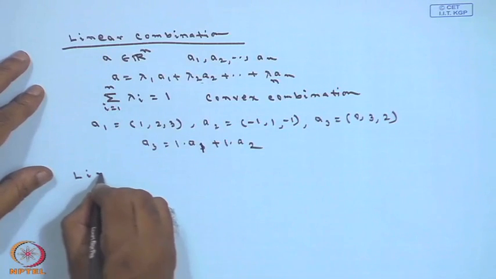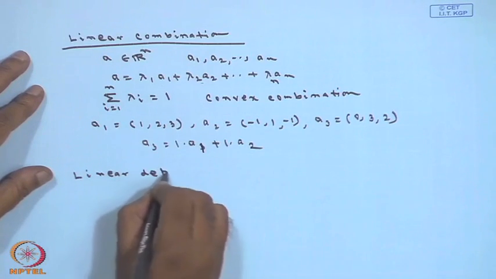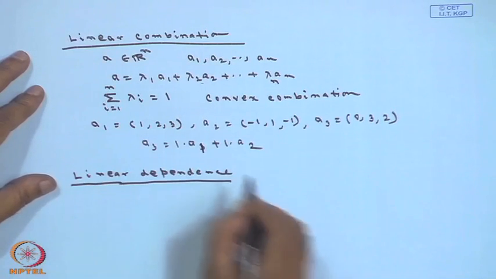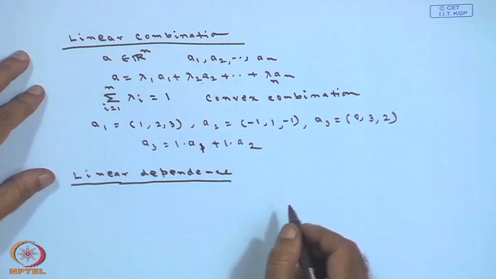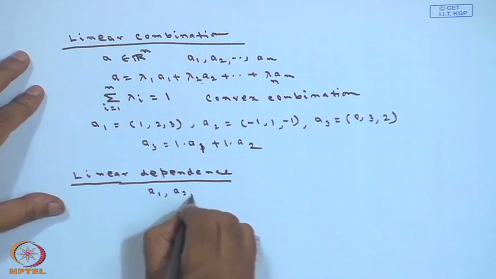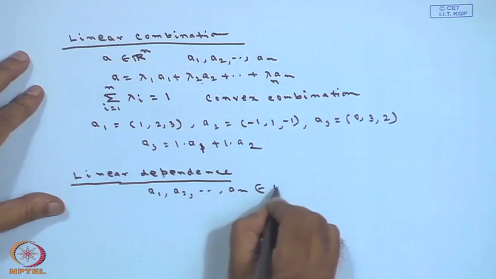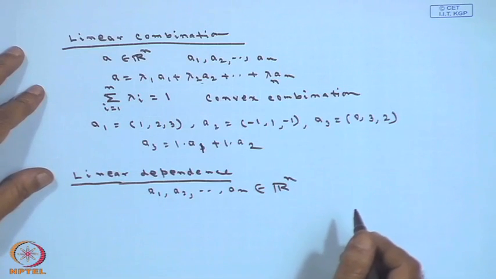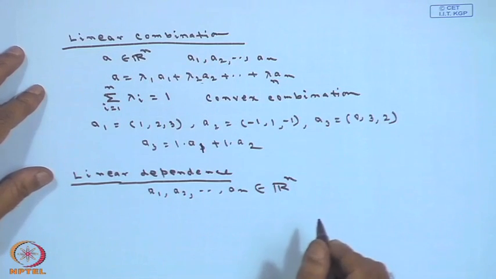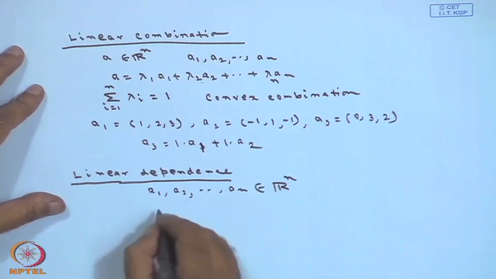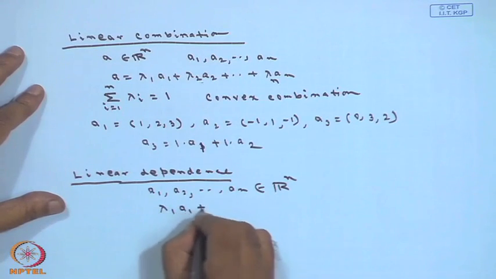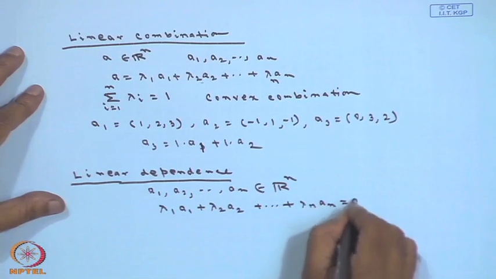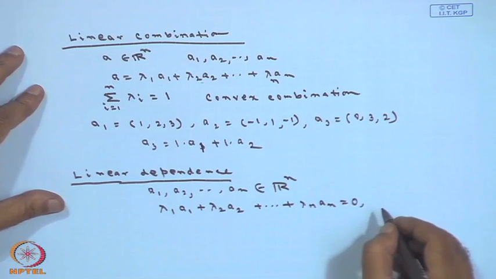Next comes linear dependence. Again, you have a set of vectors a1, a2, ..., an belonging to R^n. It is said to be linearly dependent if there exist scalars lambda i such that lambda 1 a1 plus lambda 2 a2 plus ... plus lambda n an equals 0, but not all lambda i's are 0.